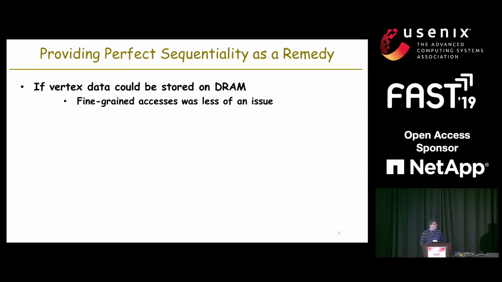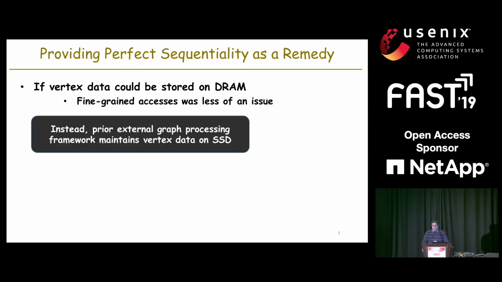Okay, so prior work on external graph processing tries to resolve this issue by providing perfect sequentiality for vertex updates. In fact, if we could have all vertices stored on DRAM and access them there, then such fine-grained accesses would be less of an issue.